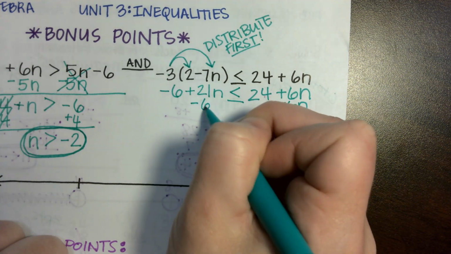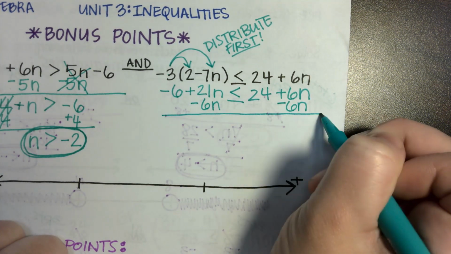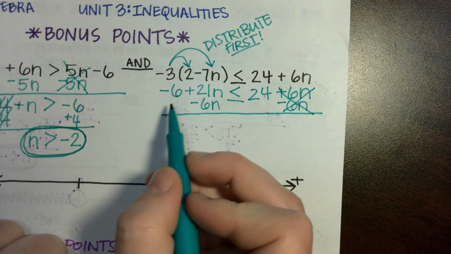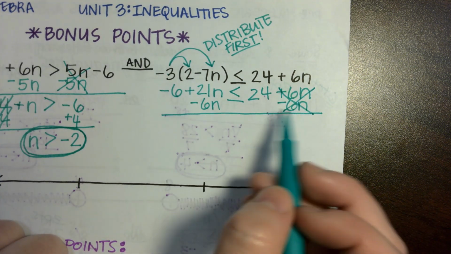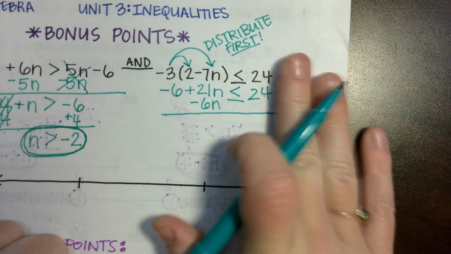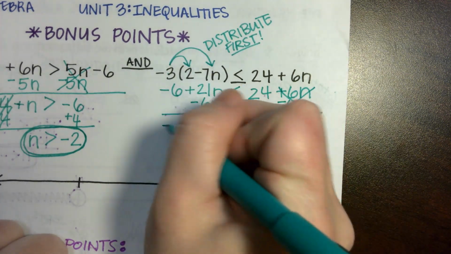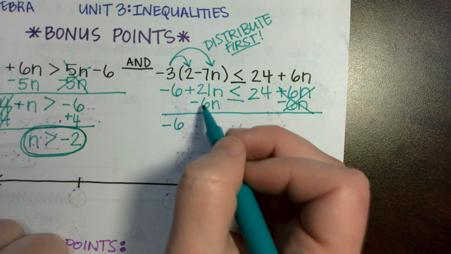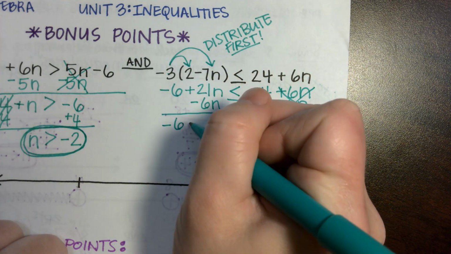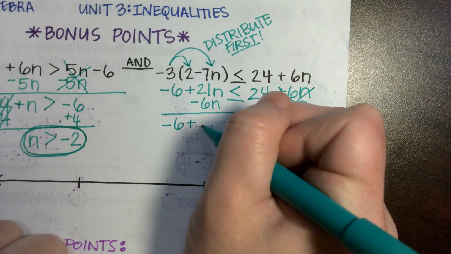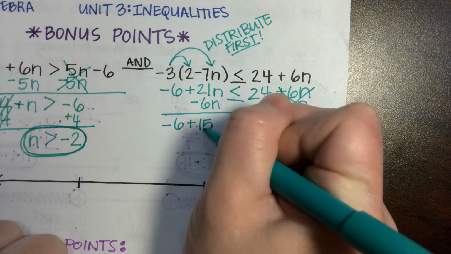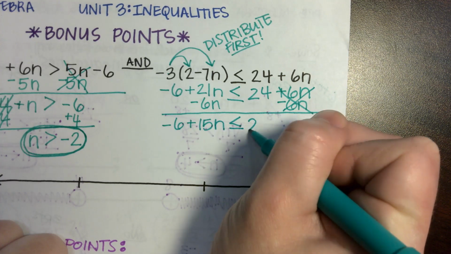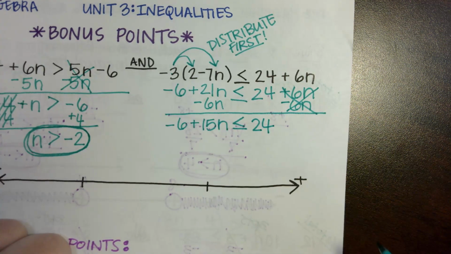Subtract 6n from 21n and cancel it on the other side. So what happens next? Now my 6n's are gone on the right side. -6. And then what's 21n minus 6n? Plus 15n. Good. Is less than or equal to 24.